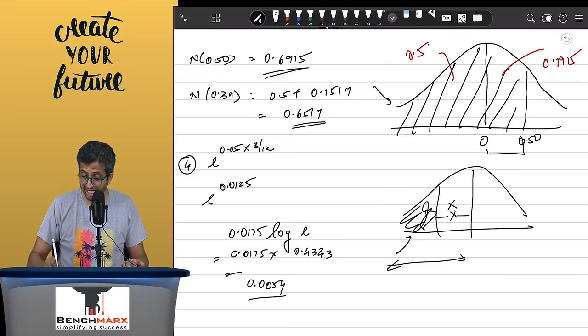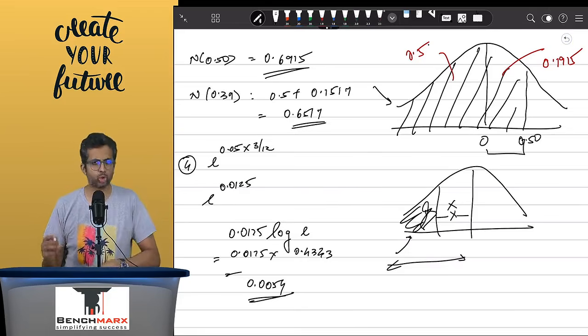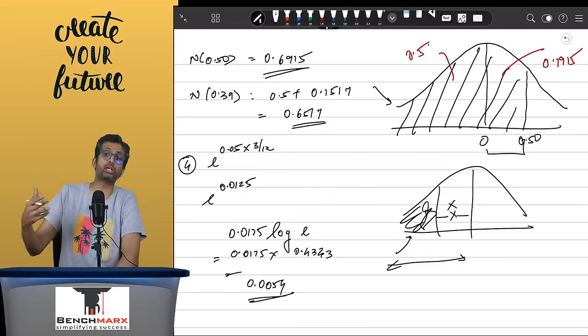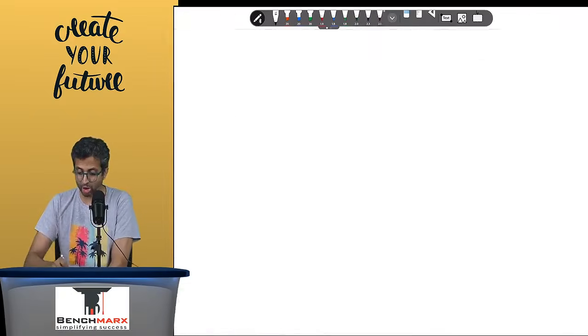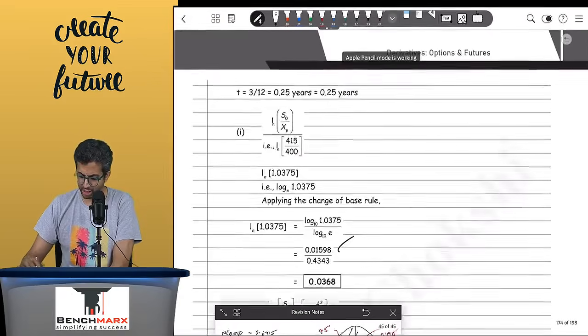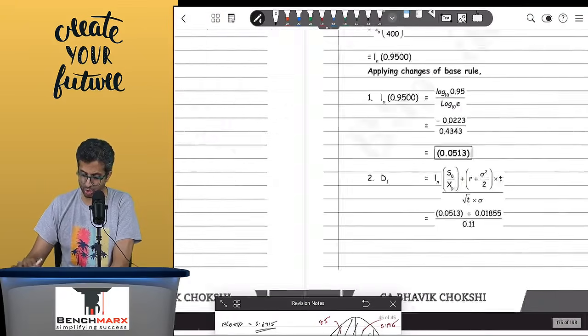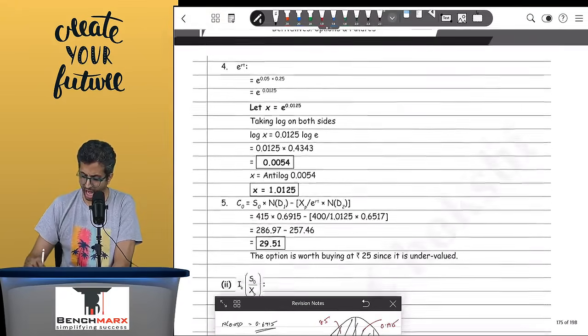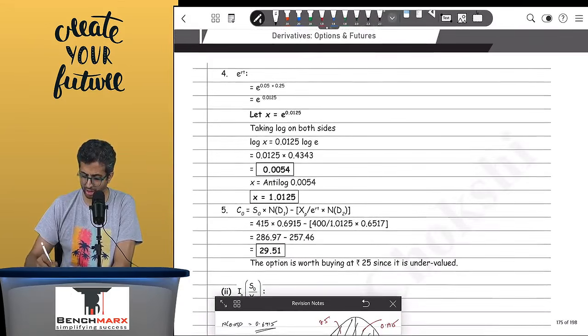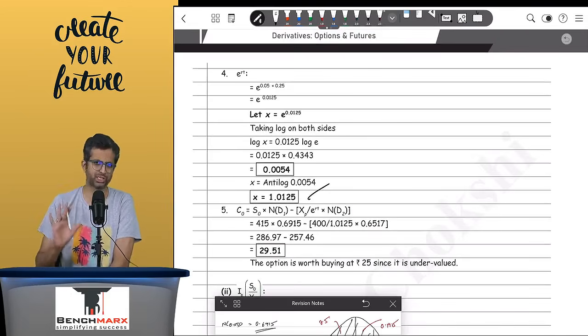You will try to find the anti-log of this number, whatever method you use. And as you will see over here, ND1, ND2 are given, and probably your e raised to rt will come to, let us say, 1.0125. Let us say this is given.